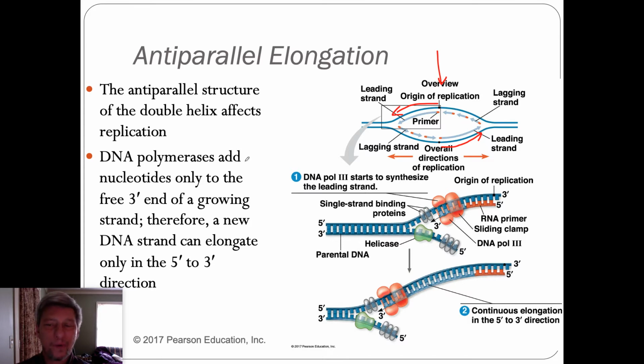DNA polymerases add nucleotides only to the free 3' end of a growing strand, and therefore a new DNA strand can only elongate in the 5' to 3' direction. And so here we are. Here's the 3' end of the template strand.